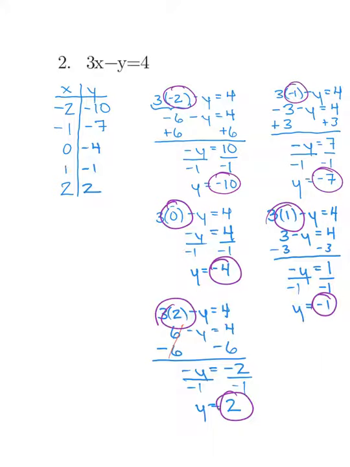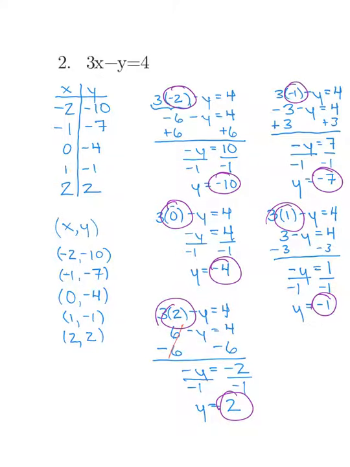And then now for our ordered pairs. The ordered pairs that satisfy this equation, or some of them that satisfy this equation, we have negative 2, negative 10, negative 1, negative 7, 0, negative 4, 1, negative 1, and 2, 2.